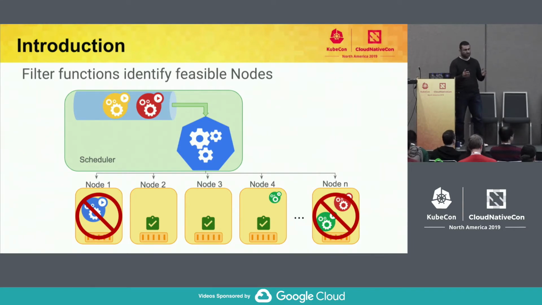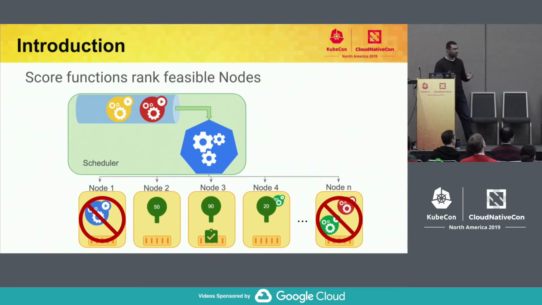After this phase, we filter out the nodes that are infeasible, and we end up with a set of feasible nodes. Those feasible nodes go through what we call a scoring phase. Basically, we have a bunch of scoring functions that rank the feasible nodes, and we pick the highest scoring node. Scoring functions can be, for example, preferred pod affinity rather than required.